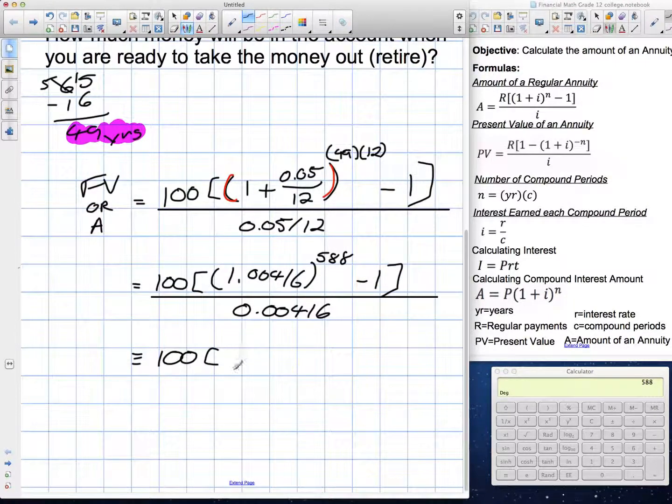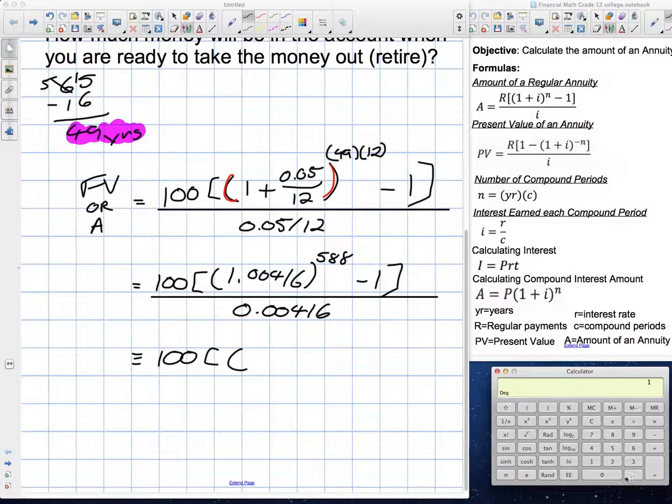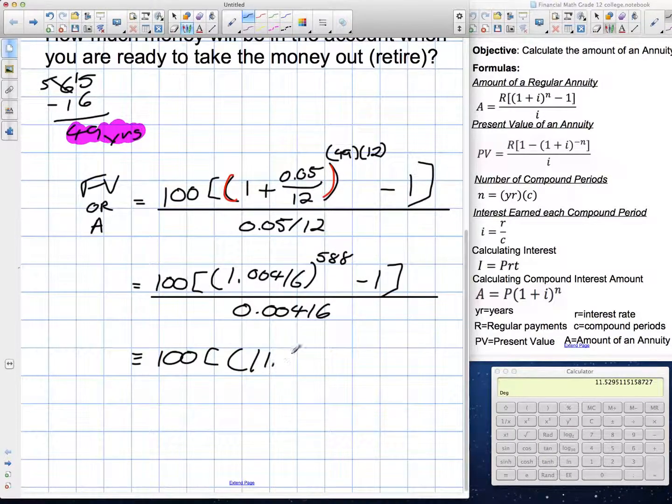100, and then 1.00416, and you can keep repeating if you like, to the power of 588. Gives us 11.529 blah, blah, blah, blah. 11.5295 is enough. Subtract 1.